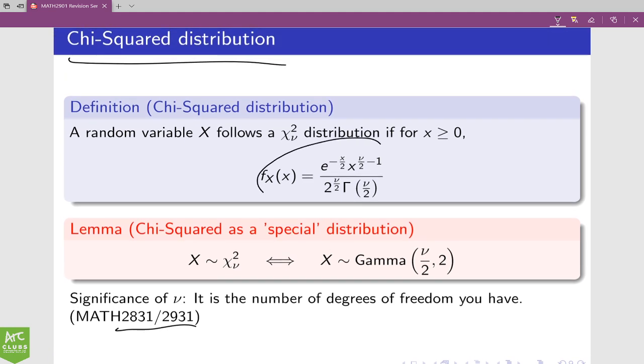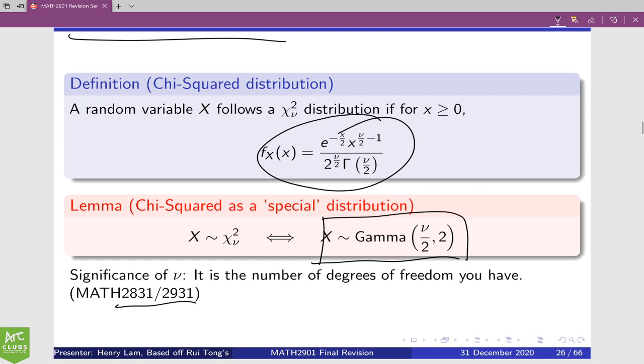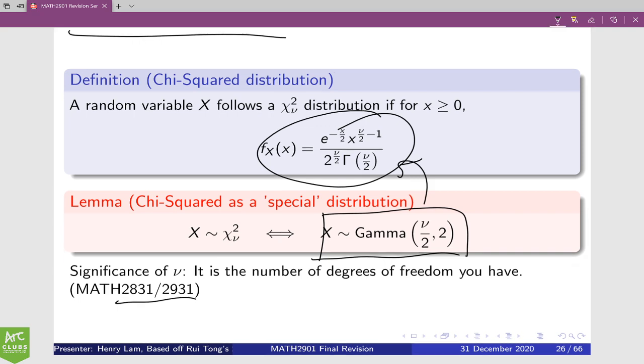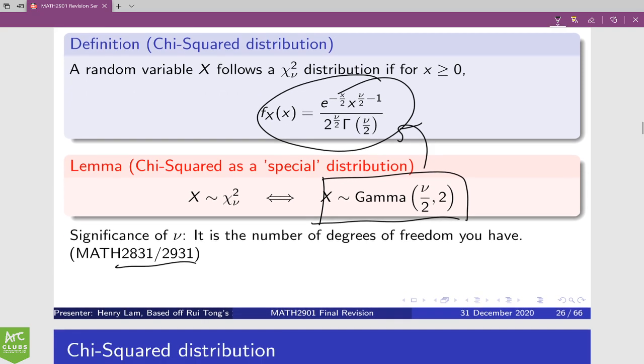You don't really need to remember this, but you should probably remember the fact that it's a gamma with these parameters. It's not too hard to remember: just remember there's a 2 somewhere and then divide by 2 and then 2. From there you can figure it out anyway, because you're given the PDF of a gamma.